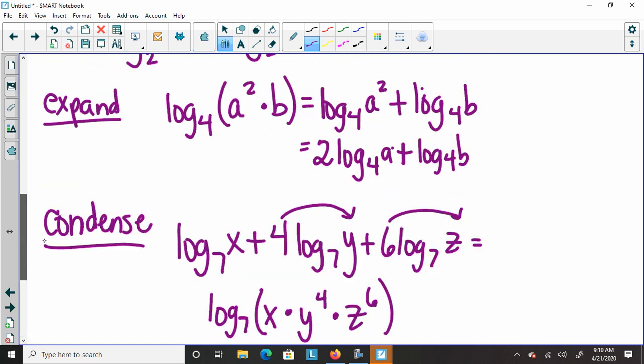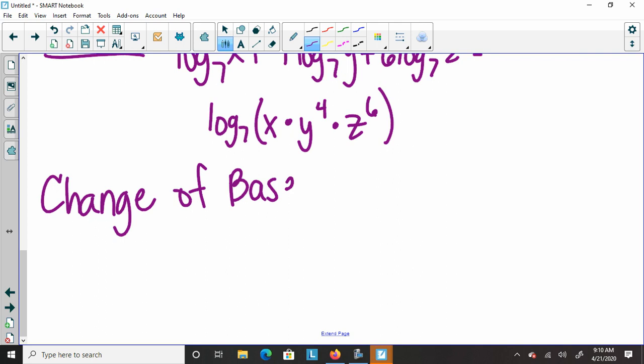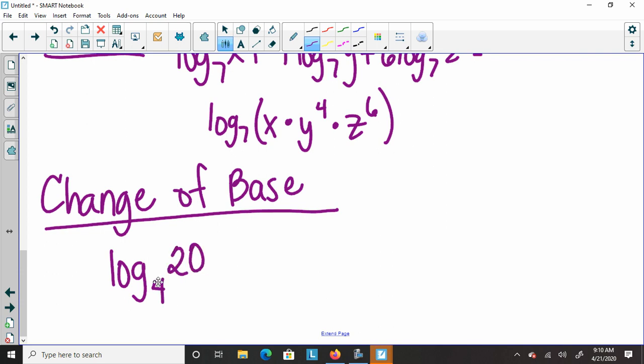All right. And the very last thing, it's called change of base. That's the official name of it. But I just call it, how do you evaluate these if it's not a number that you're used to seeing? So I guess change of base is fewer words. So if I wanted to figure out something like log base 4 of 20, and remember we're looking for what power, 4 to what power gives you 20?